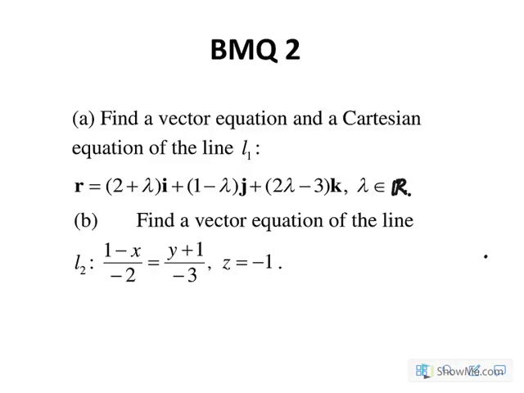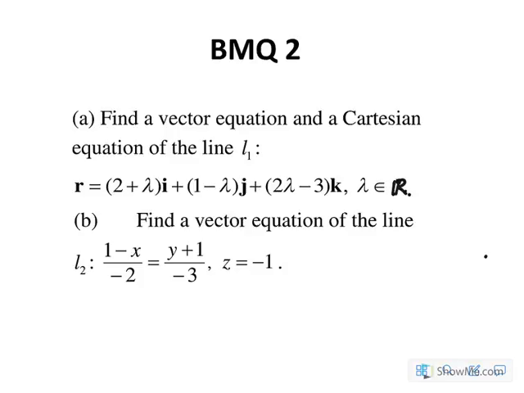Okay, so let me go to question 2. Find a vector equation and a Cartesian equation of the line L1. Understand? So all you need to do for this, you must recognize what is r. It's quite easy.